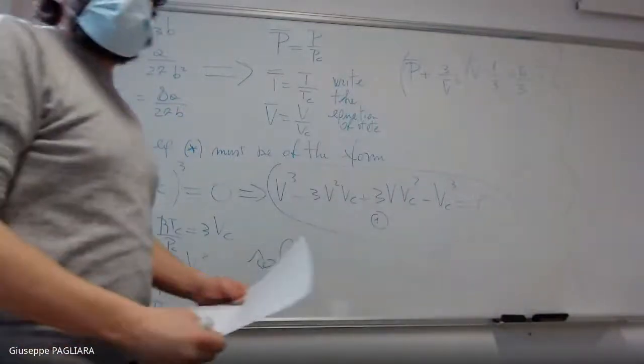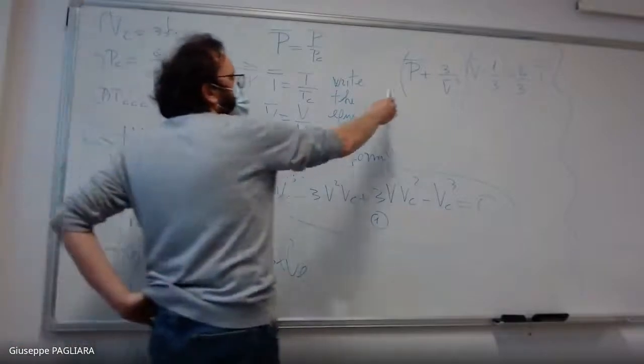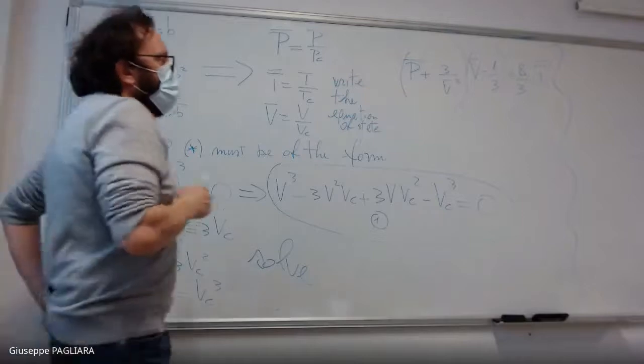So what is interesting is that you get an equation of state in terms of a-dimensional quantities, which are P bar, V bar, and T bar.